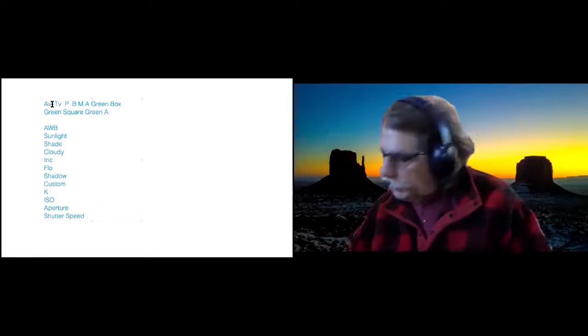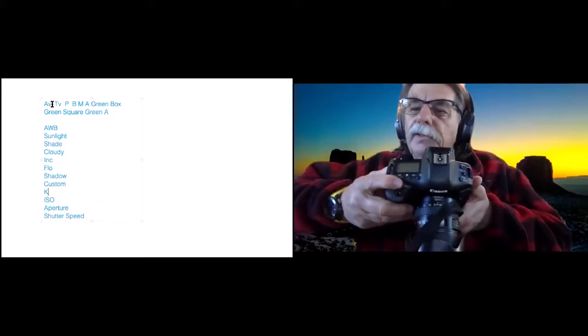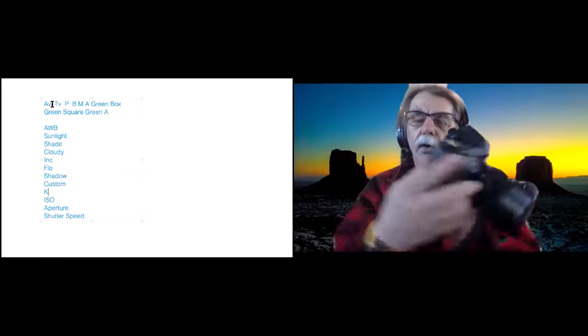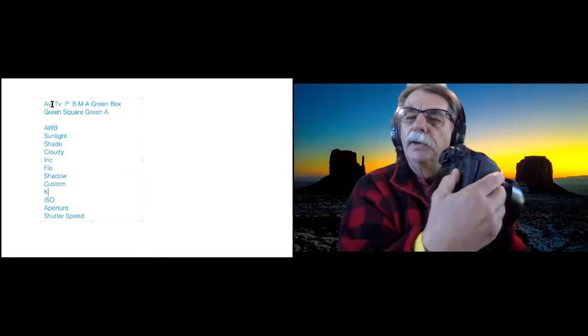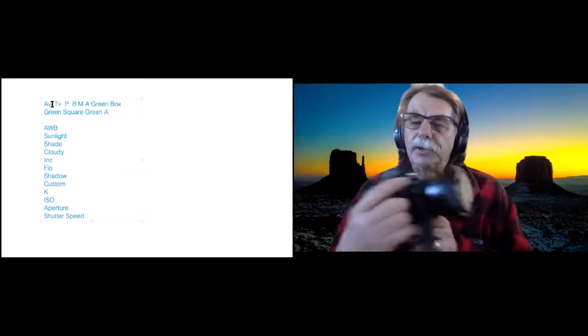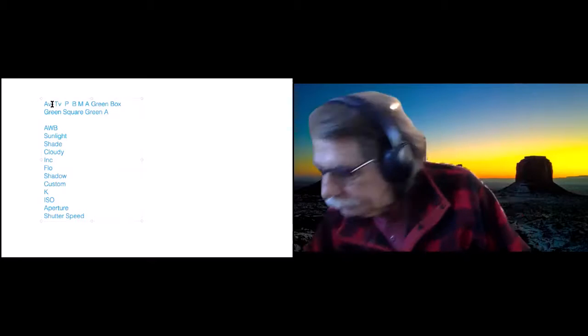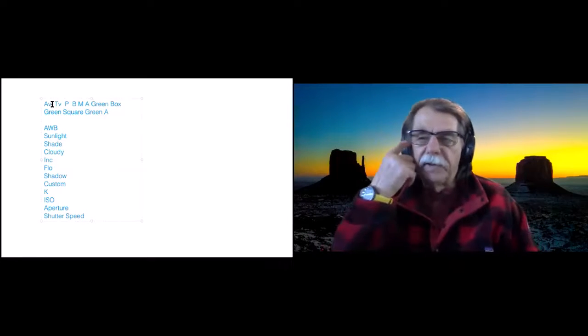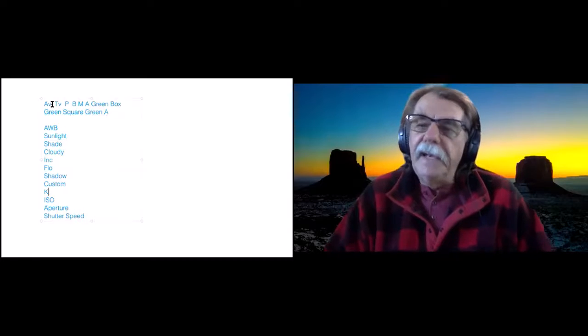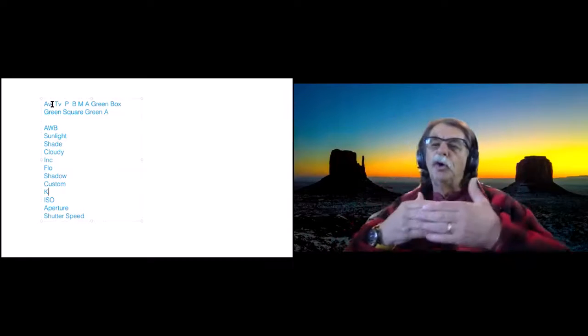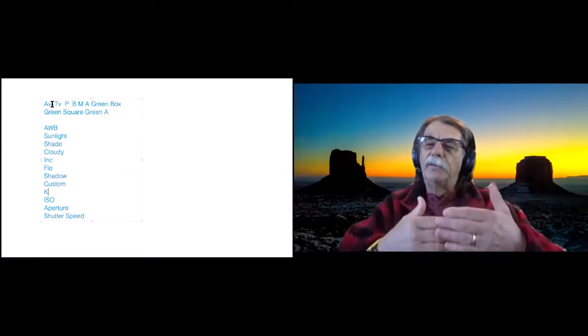And depending upon your camera, you either have a button on the front, a dial on the front, or a dial on the back, where you could literally set the aperture. And setting the aperture, and again, I'll show you some examples of that in a little while, allows you to control what is in focus and what is out of focus.